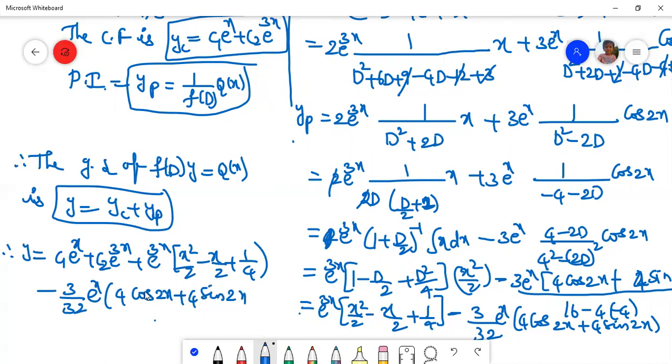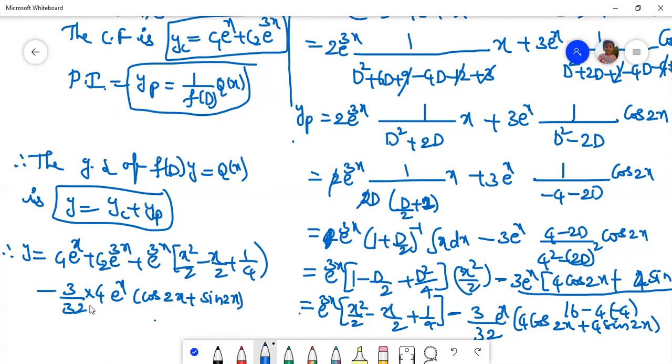Here 4 can also be taken common, 4 ones are 4, 4 eights are... So it becomes 3/8 e^x (cos 2x + sin 2x).